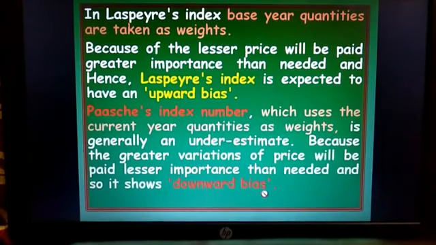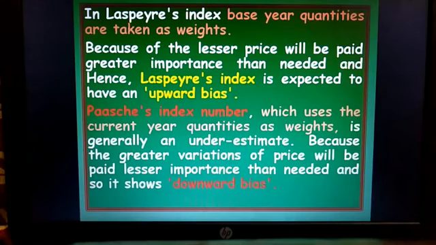This is a 1 mark and 2 mark important question, students. Most of the times it has appeared: which index number shows upward bias, which index number shows downward bias. Sometimes the reason may also be asked: which index number shows upward bias and why, which shows downward bias and why.